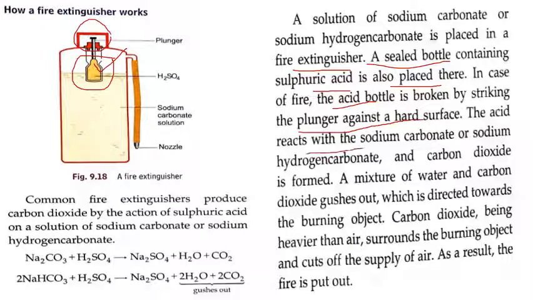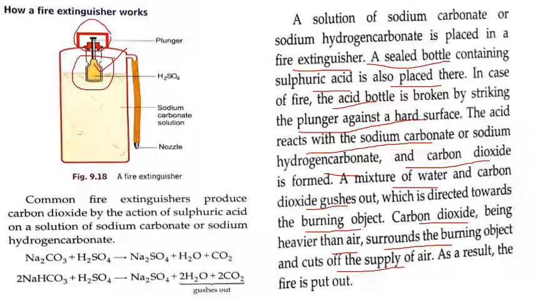The acid reacts with sodium carbonate or sodium hydrogen carbonate and carbon dioxide is formed. A mixture of water and carbon dioxide gushes out, which is directed towards the burning object. Carbon dioxide, being heavier than air, surrounds the burning object and cuts off the supply of air.